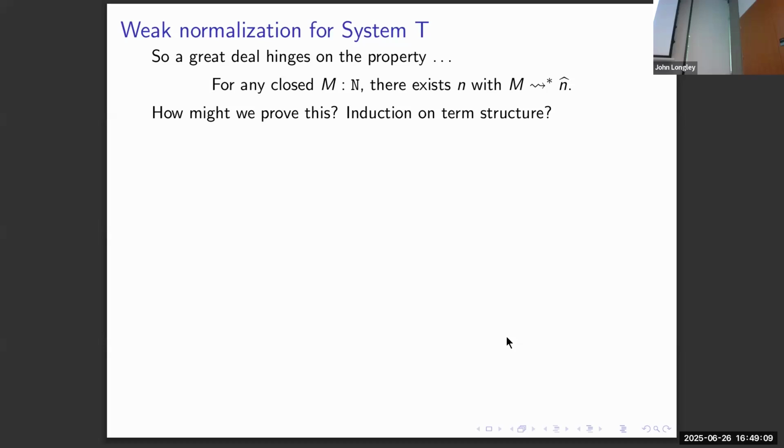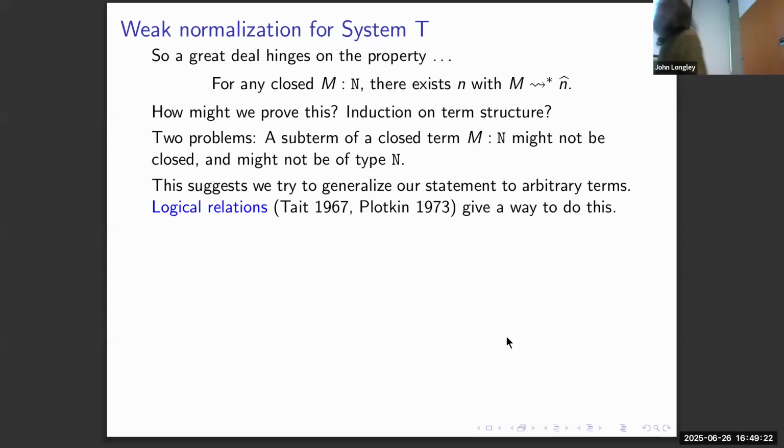If you want to prove something about a general term, pretty much the only thing that comes to mind is to use some kind of induction on the structure of the term, because what else have you got to play with? There are two obvious problems with this. We're claiming something about closed terms of ground type.